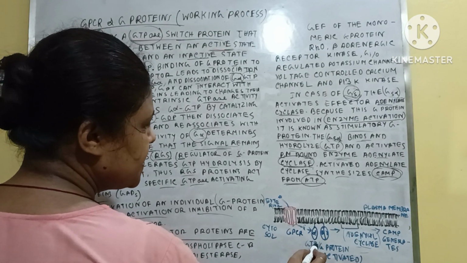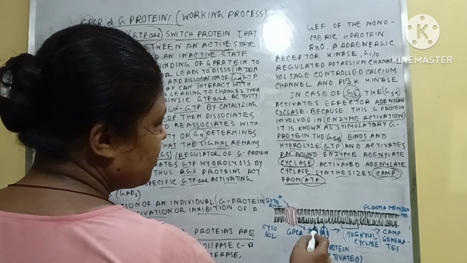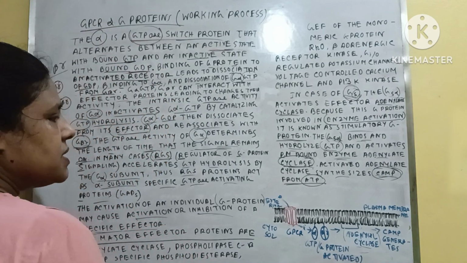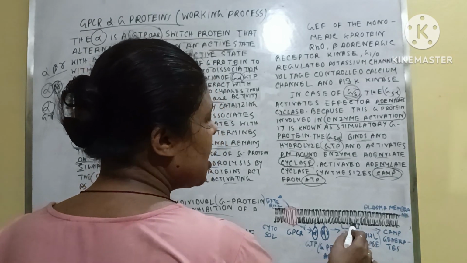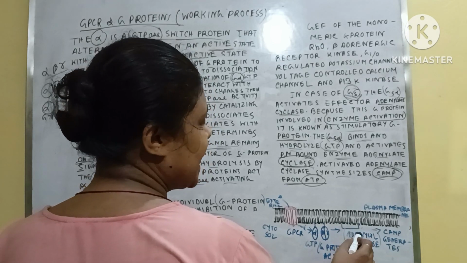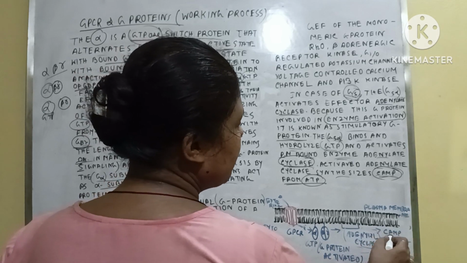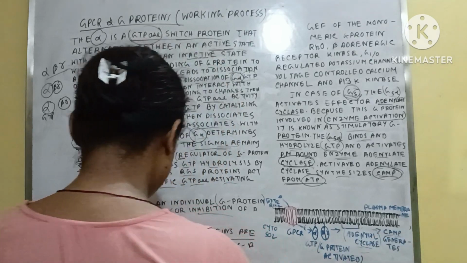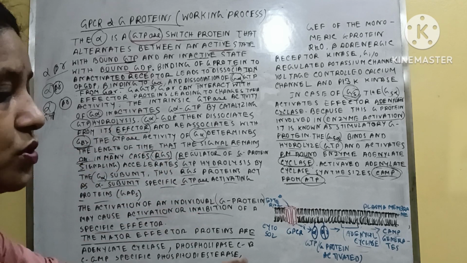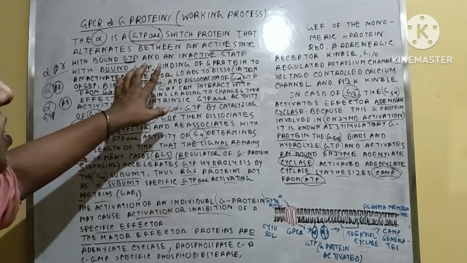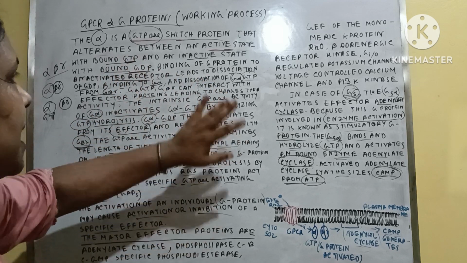Alpha here is already bound with the GTP, and the beta gamma complex is separated from the GTP alpha, and here the adenylate cyclase is activated, or this effector molecule is activated, and by the activation of this effector molecule cAMP is generated. So this is the rough structure, and I will try to draw the activation of the GTP and G protein in each part, after wrapping this one.